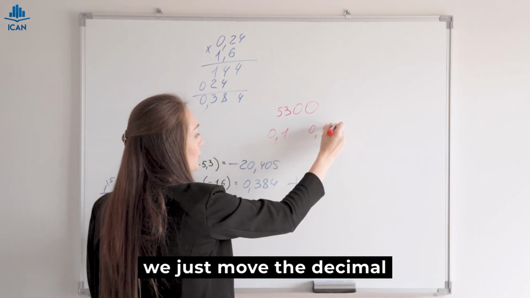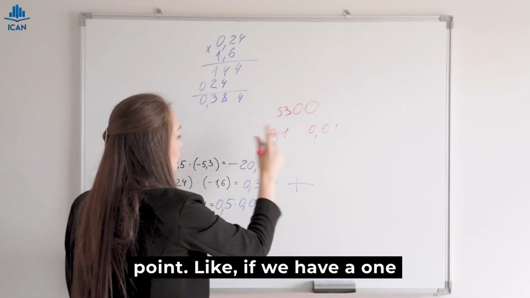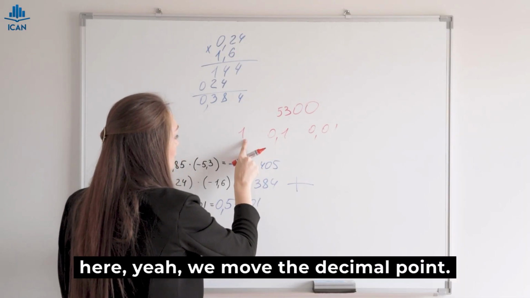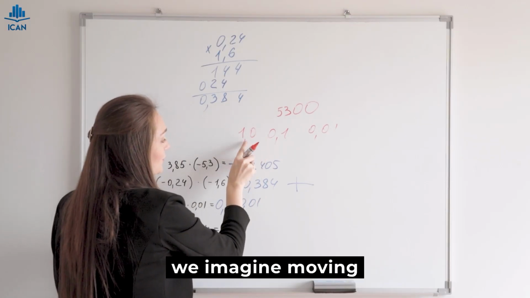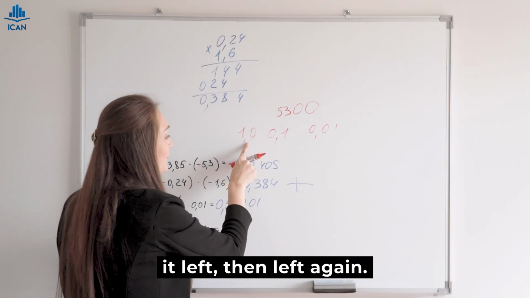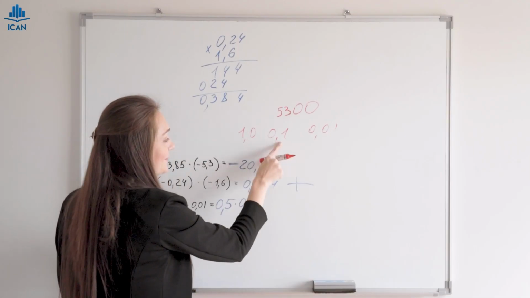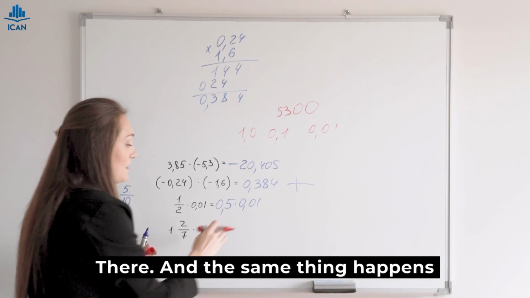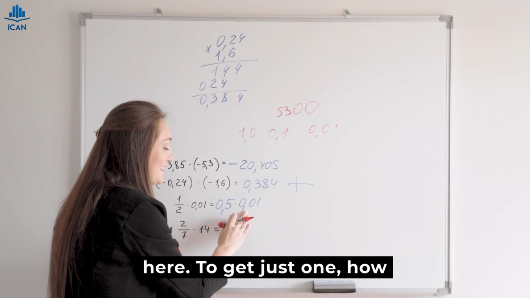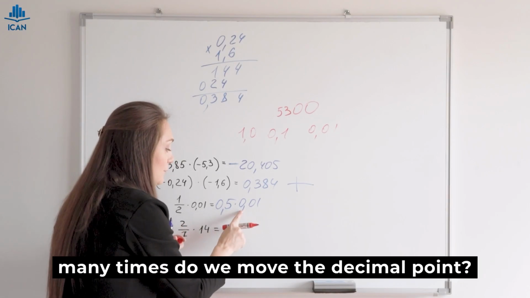0.1001 comma, we just move the decimal point. Like if we have a 1 here, yeah, we move the decimal point. It was here, like 1.0 comma, we imagine moving it left, then left again. There. And the same thing happens here. To get just 1, how many times do we move the decimal point?